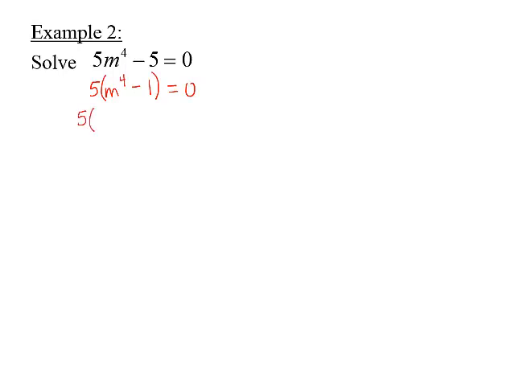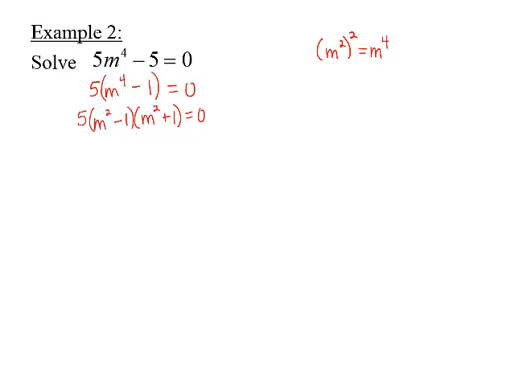M to the 4th minus 1 is the difference of two squares. We can factor that to be m squared minus 1 times m squared plus 1 equals 0. Recall that m squared squared is m to the 4th.